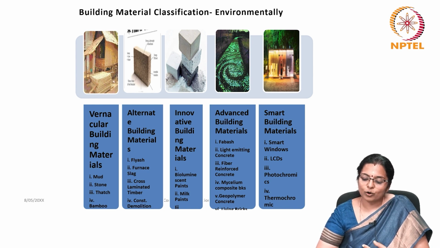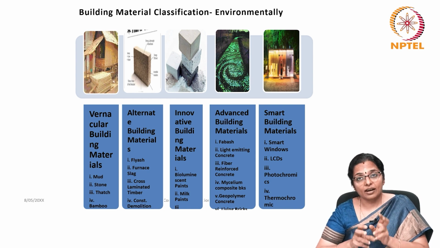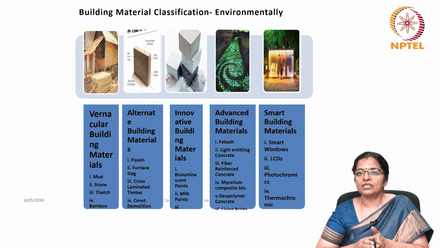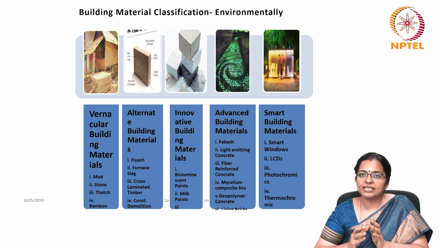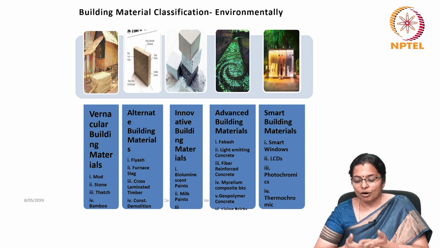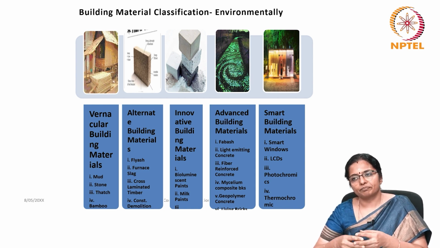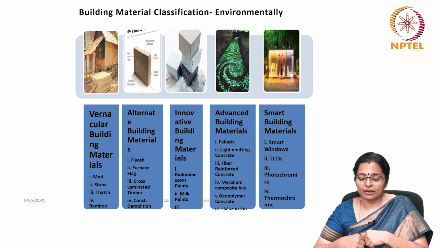Then there is a need for advanced building materials which are carbon sensitive, which means they are not high in carbon and they have certain very unique properties along with being sensitive to the climate, sensitive to the greenhouse gas emissions. We saw fab ash, which is made out of fabric, light emitting concrete, fiber reinforced concrete.